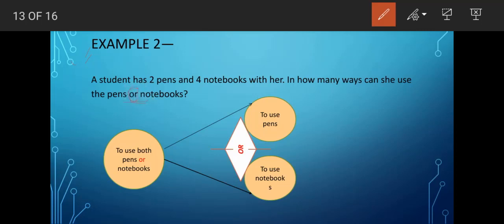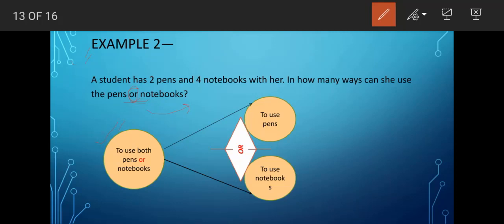Yes or no? So where there is "or", it implies the concept of the fundamental principle of addition. Now here in this case, the main task is what? To use pens or notebooks.